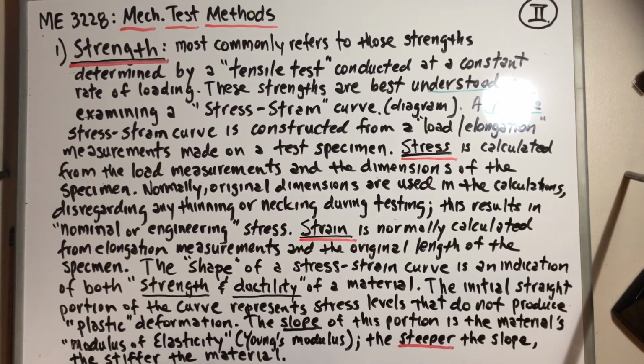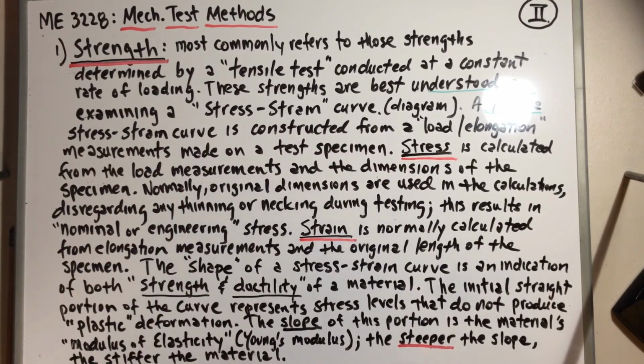Now, I'm going to go through the actual test mechanism and the mechanics of that in a little bit, but let's just get some foundational information out up front, and then we'll talk about specifics. But again, it's conducted at a constant rate of loading.